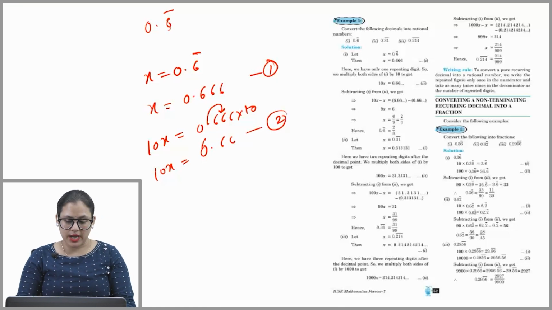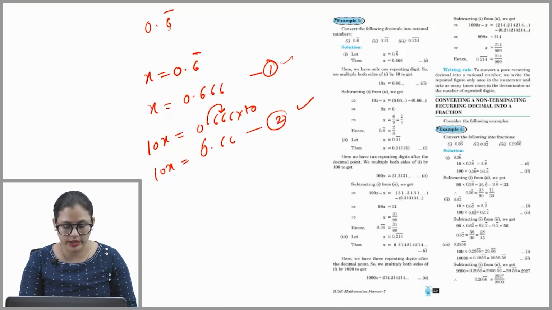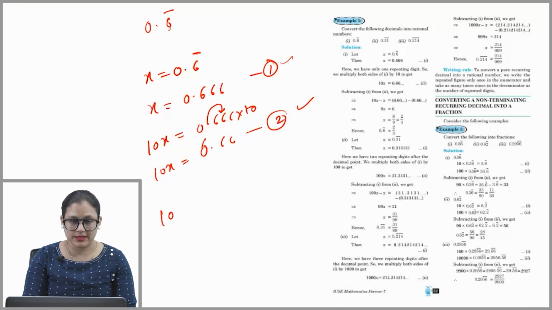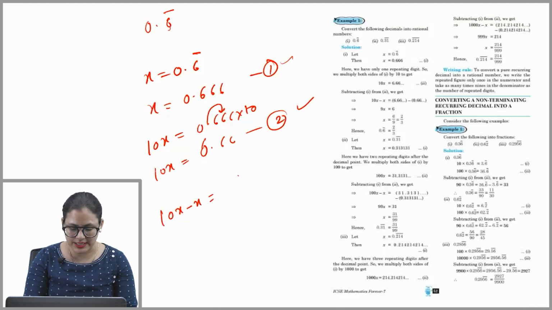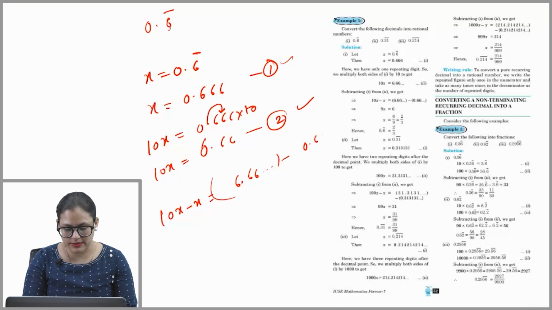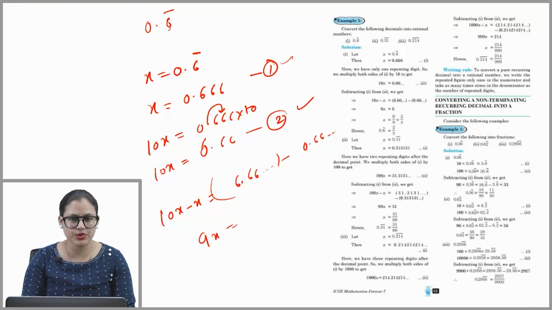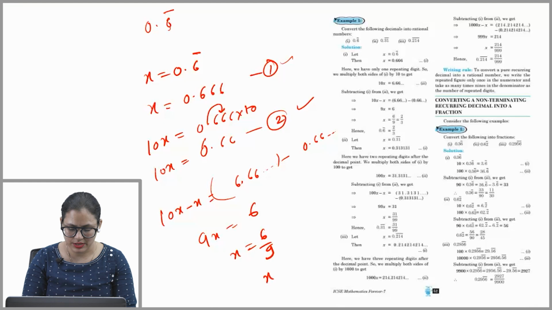Now we have to subtract 1 from 2. So 10x minus x is equal to 6.66 and so on minus 0.66. So you get 9x is equal to 6. So x is equal to 6 by 9, that is 2 by 3.